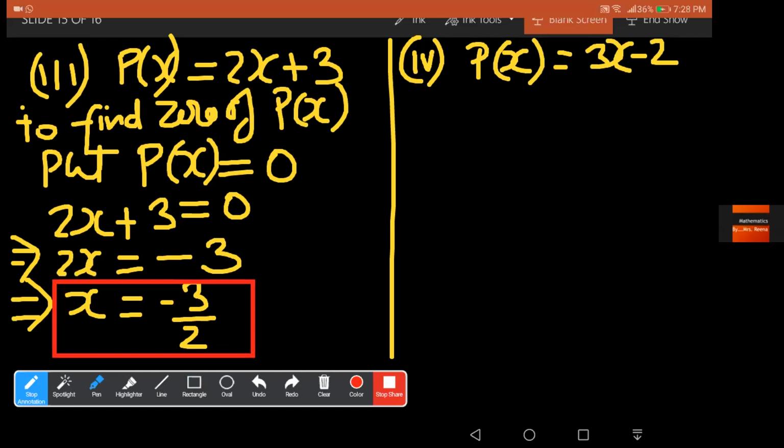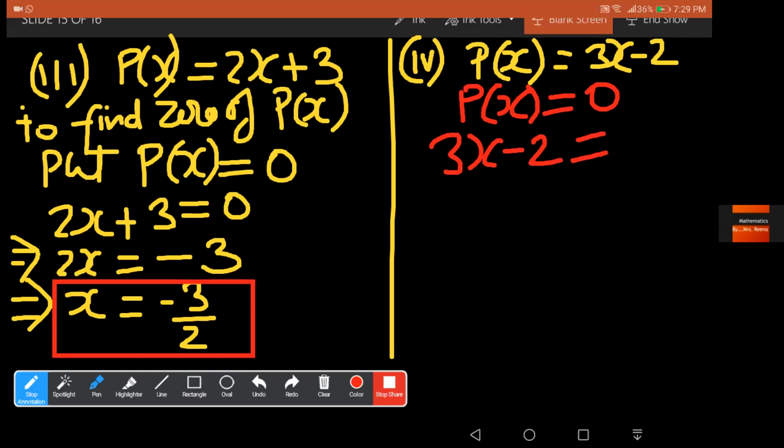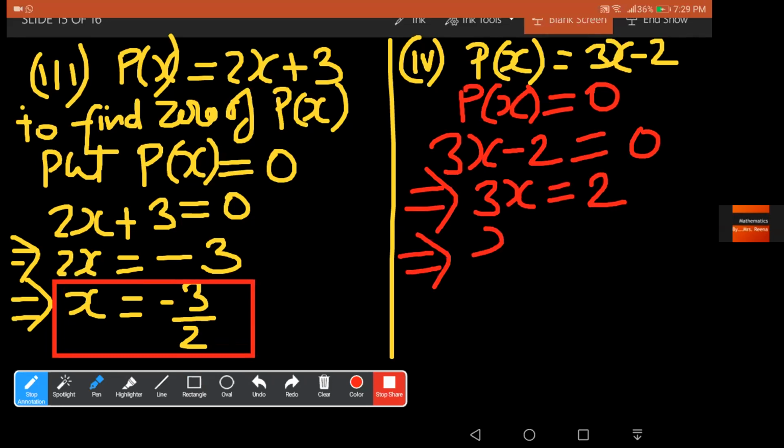Now come to the next. So to find the zero here, what will we do? Again we will put it equal to 0. So we will write 3x - 2 = 0, and this implies 3x is equal to 2. So yes, we get x = 2/3. Okay.